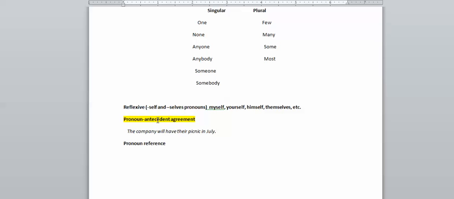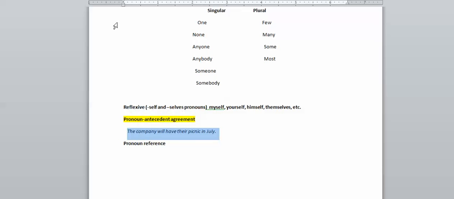An antecedent, the root ante, means something that comes before. So pronoun antecedent agreement refers to the pronoun agreeing in person and in number with what it refers to, what comes before it. To explain that concept, I've written a sentence for you.